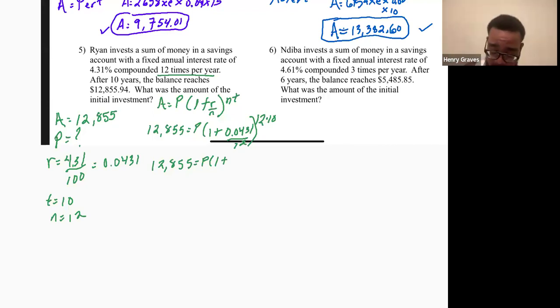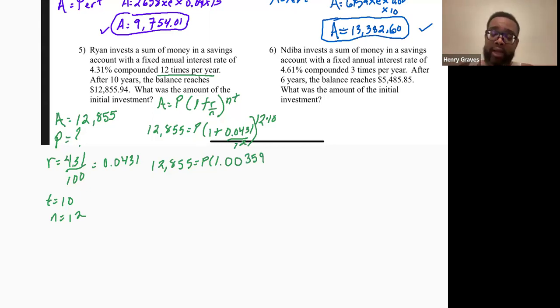That's my fault, I forgot the 1 divided by 12. Here we go. Plus 1. So it's going to be 1.00359 raised up to the 120th power.